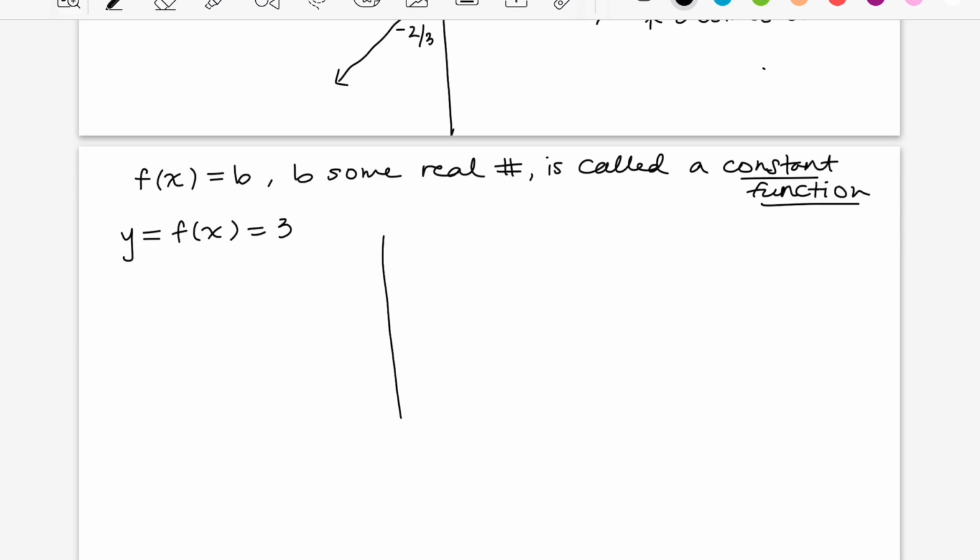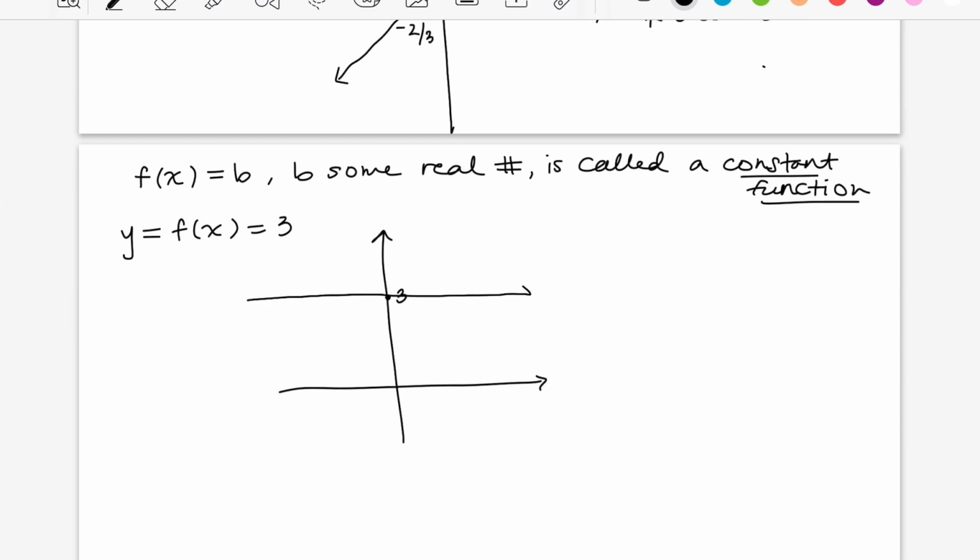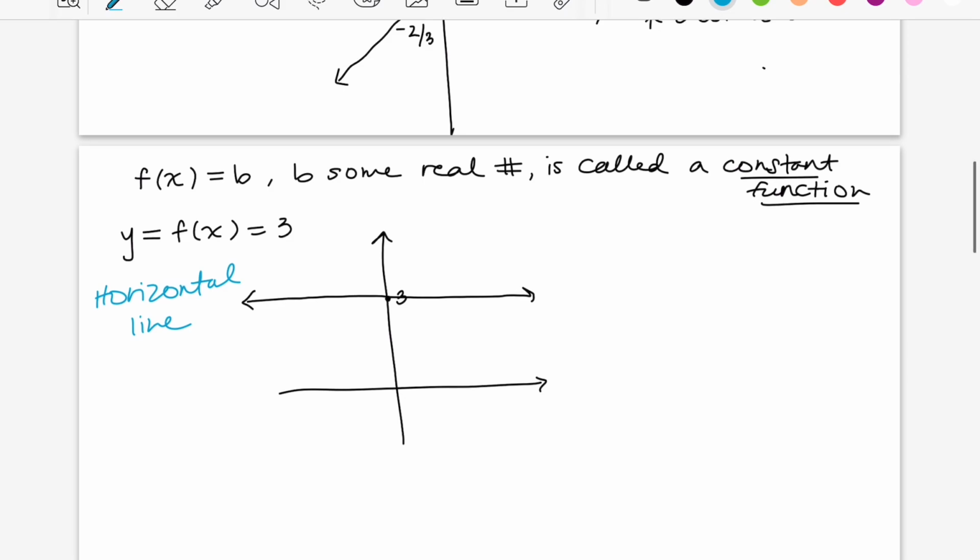And if we were to graph this, we're told that our y value is just equal to 3. So no matter what, we will just get 3. And so this is what our graph looks like. y is always equal to 3, so we just have a horizontal line in this case. And here, notice that the slope of our line is 0.